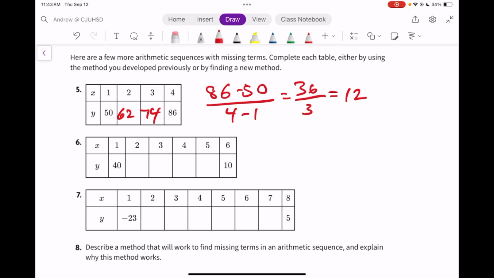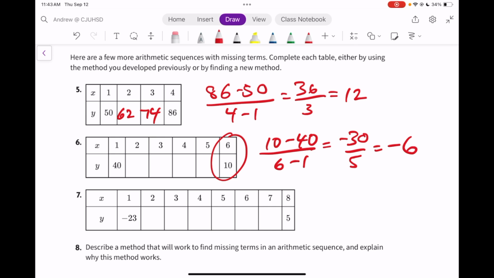So take the second one, take 10 minus 40, and subtract 6 minus 1. And you get negative 30 over 5, or negative 6. So this goes down by 6. This goes to 34, 28, 22, 16, and then 10.